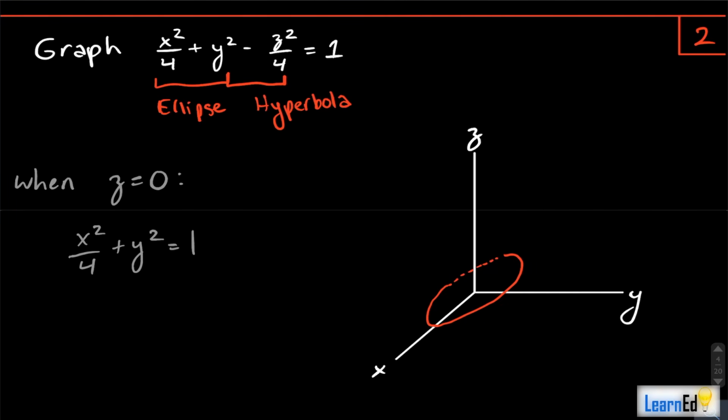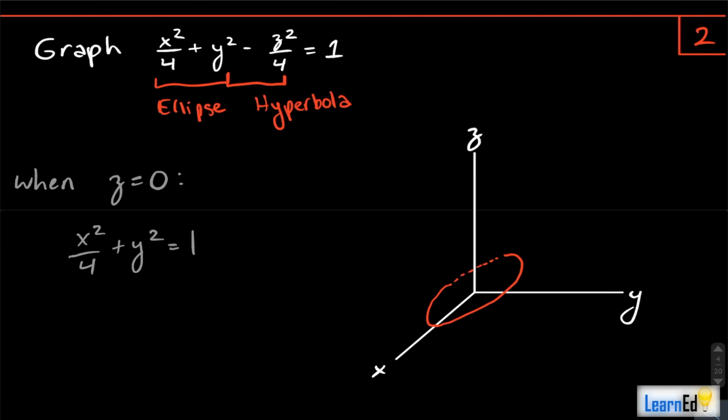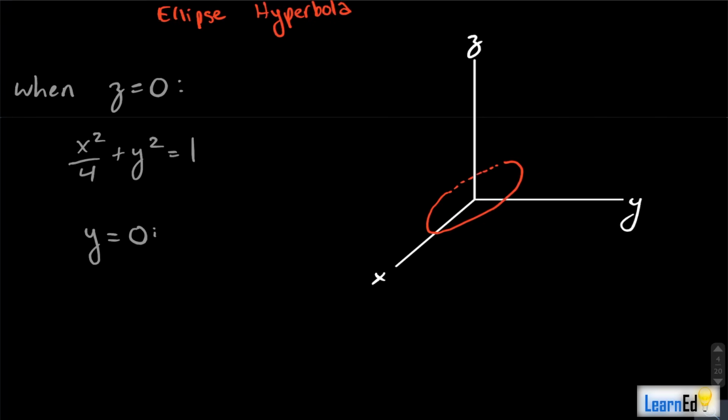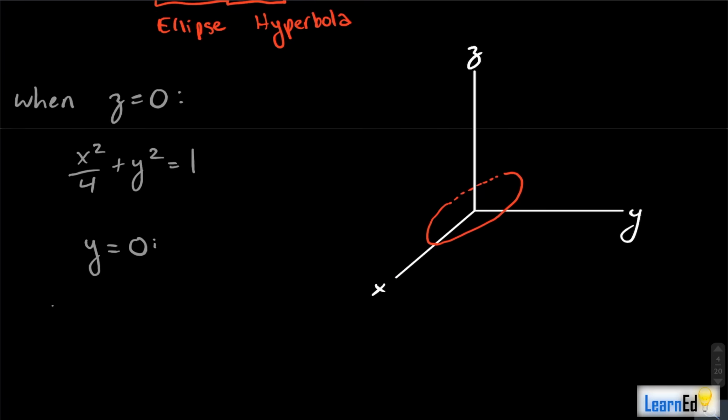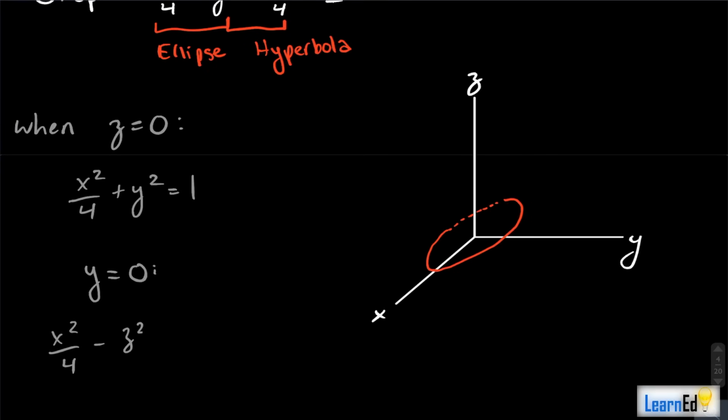Next up, it's really not going to be fun to set z equal to multiple things, so I'm just going to set y equal to 0 next. If we set y equal to 0, we get x squared over 4 minus z squared over 4 equals 1, and this is just a hyperbola.